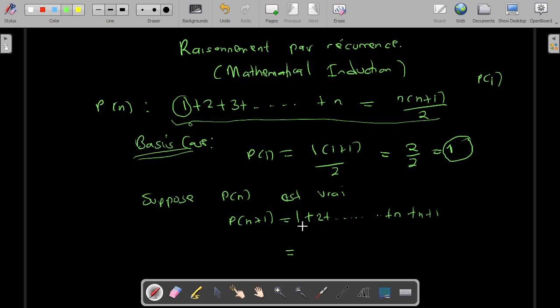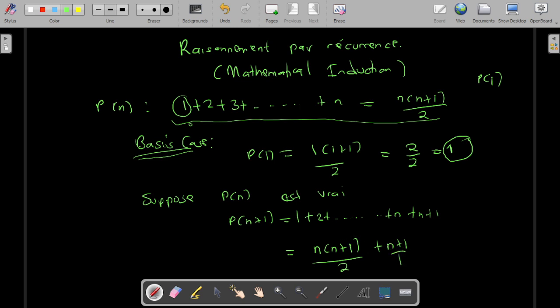So summing from 1 up to n is going to be equal to n times n plus 1 divided by 2, because we've supposed that P of n is true. So we can bring in our formula here: n times n plus 1 divided by 2, like so, and then plus n plus 1.